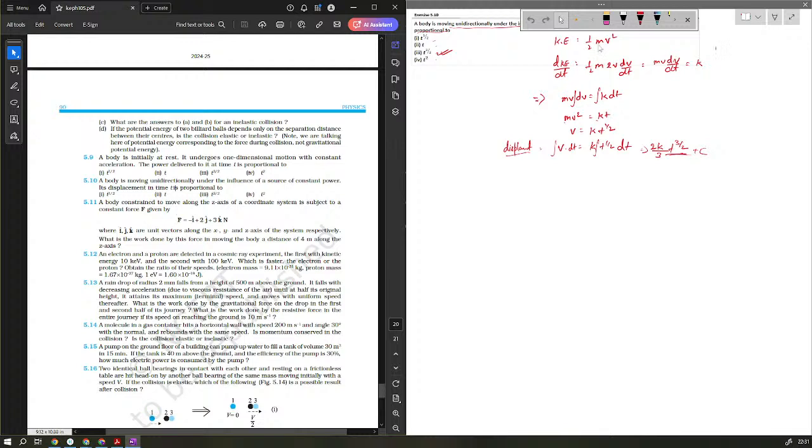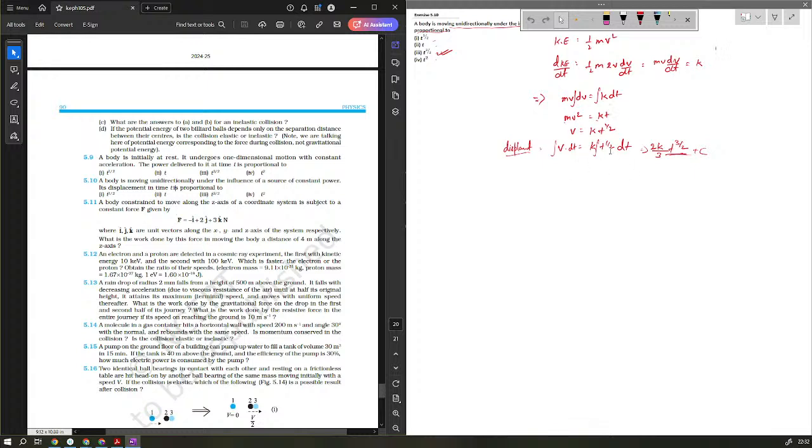If we differentiate the kinetic energy with respect to time, we get mv dv/dt, and that is equal to constant. So if we integrate both the sides, we see that v is proportional to t raised to the power 1/2.